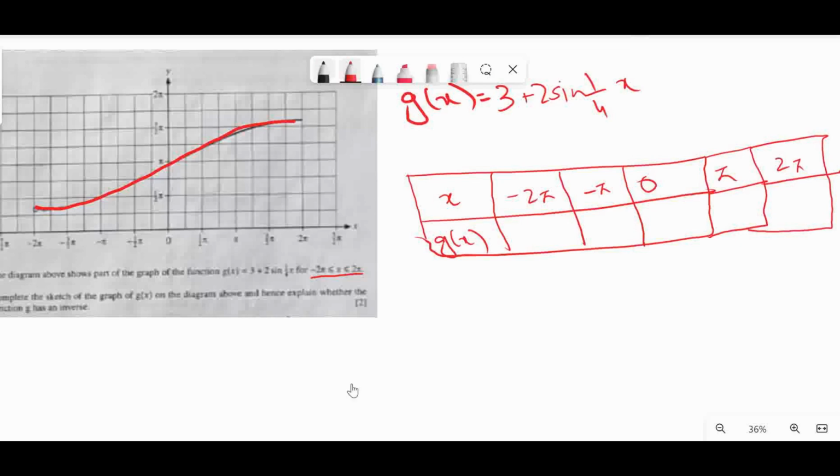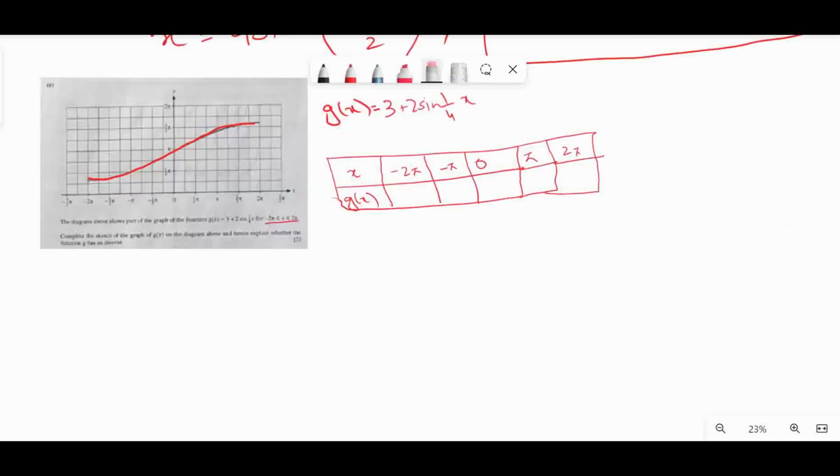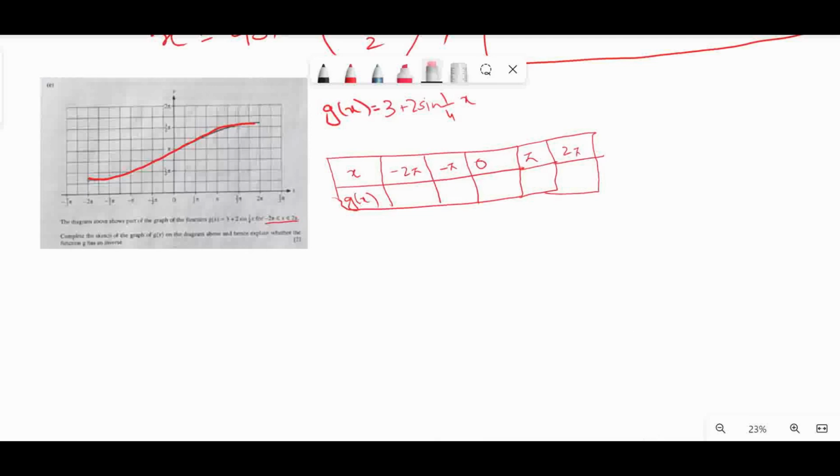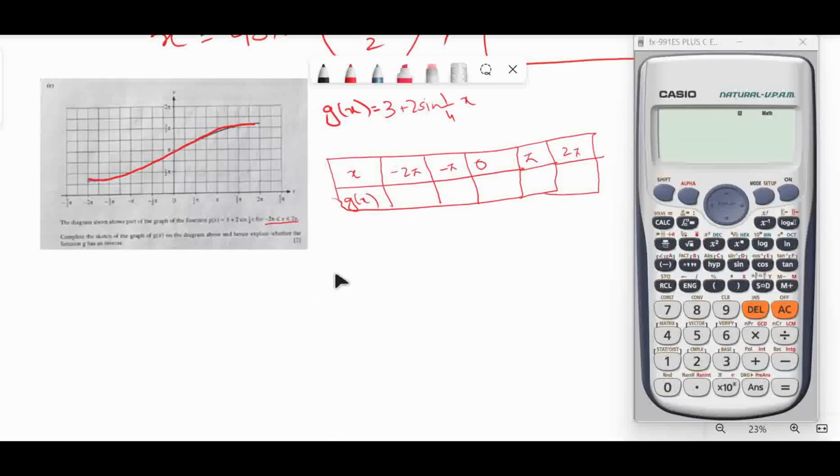Now let's calculate it. Let's put the values of x in this one. Again, the important point is that you have to convert your calculator into radian mode.